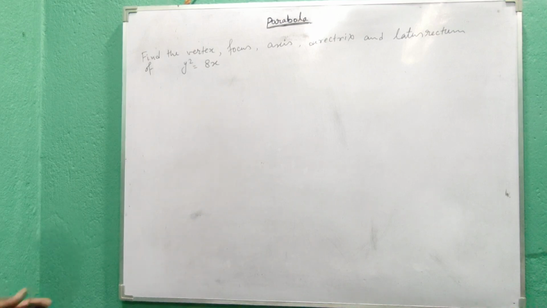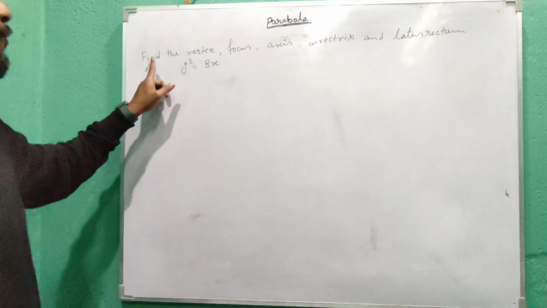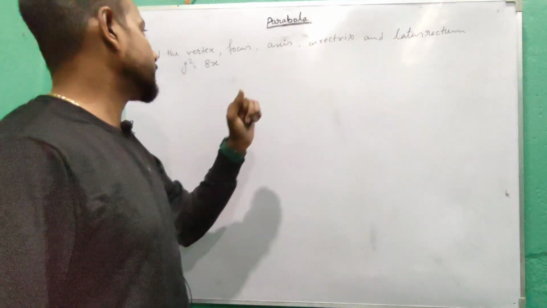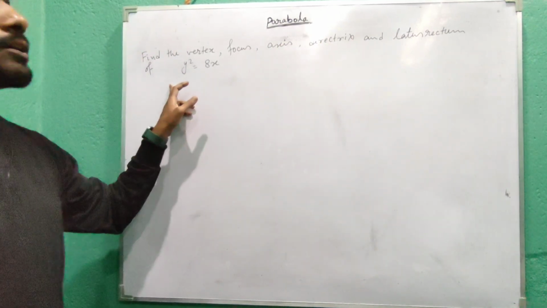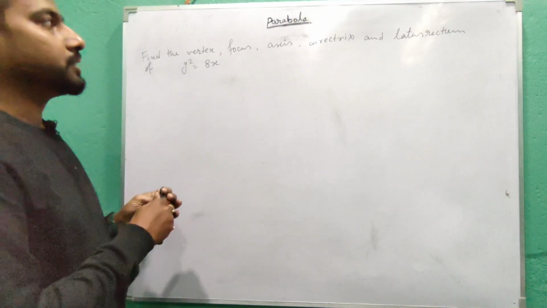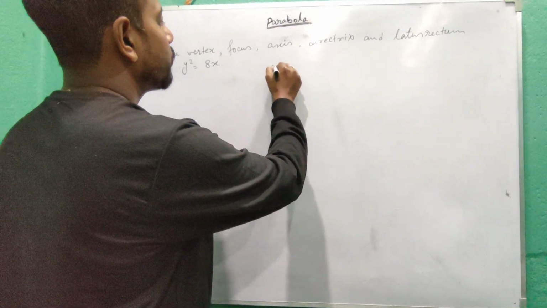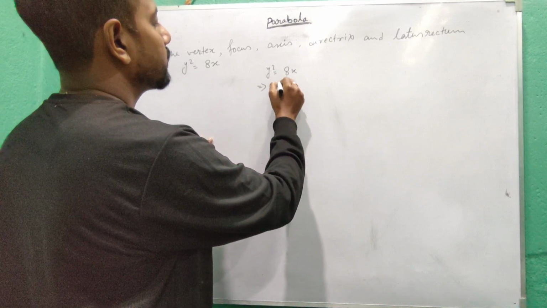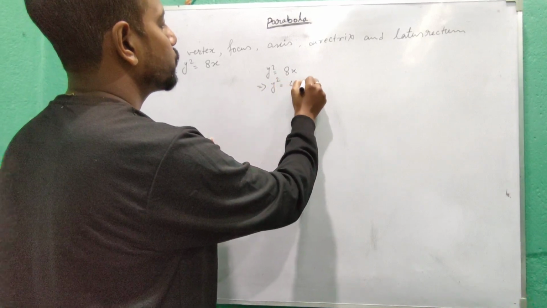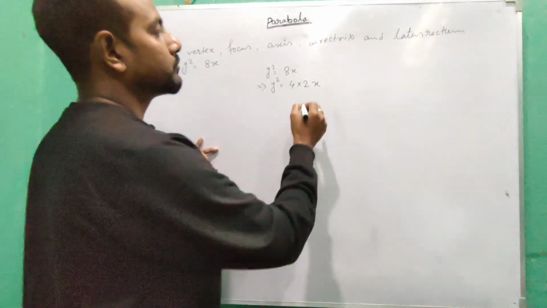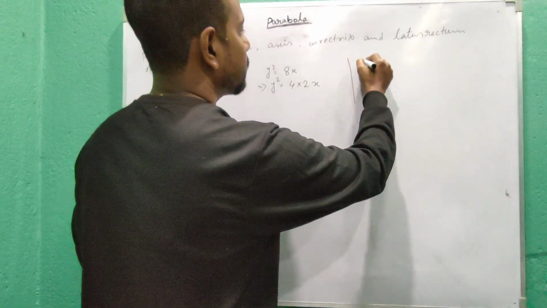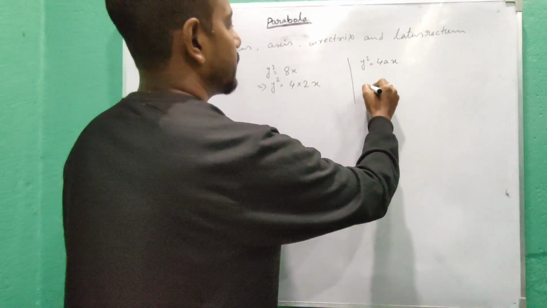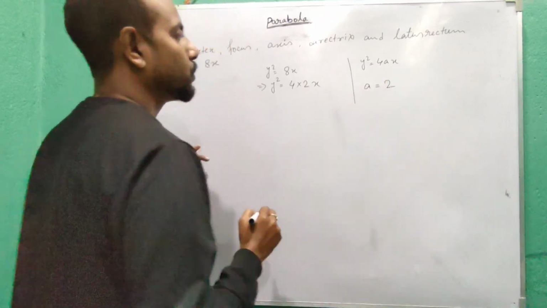Now, how to solve this type of question? Find the vertex, focus, axis, directrix and latus rectum of the parabola y square equal to 8x. See, y square equal to 8x means y square equal to 4 into 2x. Comparing this equation to y square equal to 4ax, we get a equal to 2.